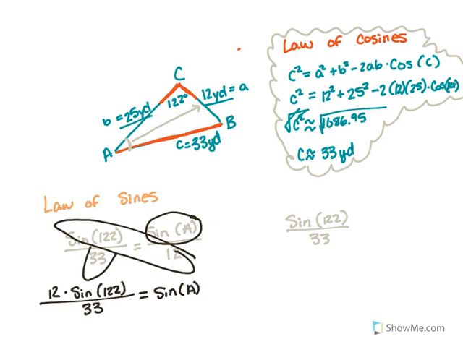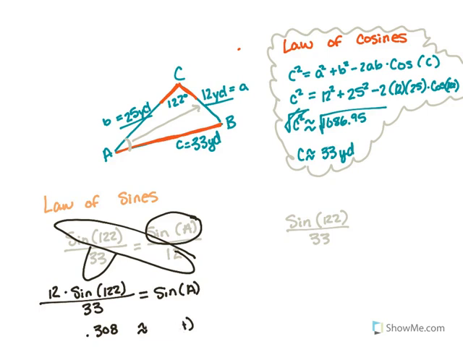So go ahead and type that in your calculator. You have 12 times the sine of 122, and then divide that by 33, and we get approximately 0.308. It doesn't really matter if it's exact because you should use the answer button again. Now we need to take the sine inverse of both of these things.